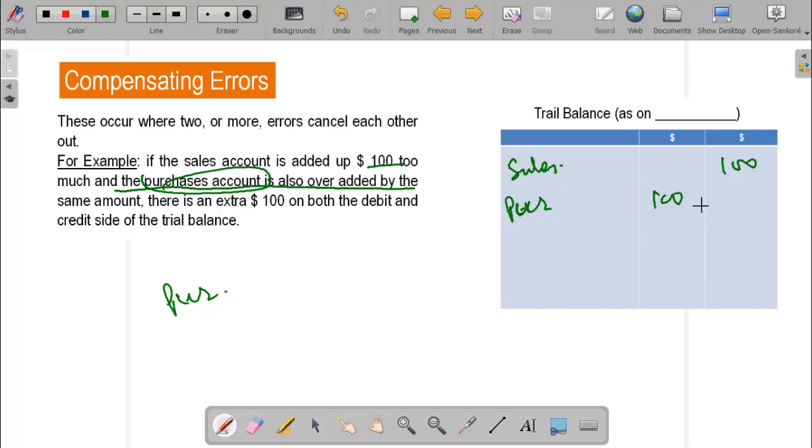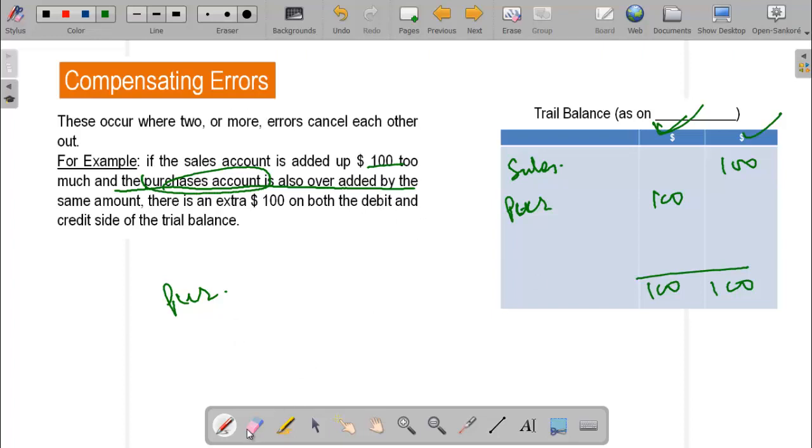Now see, the total of the trial balance is coming equal, extra 100 here and extra 100 here. So the total of the trial balance will agree. So this is called compensating error.